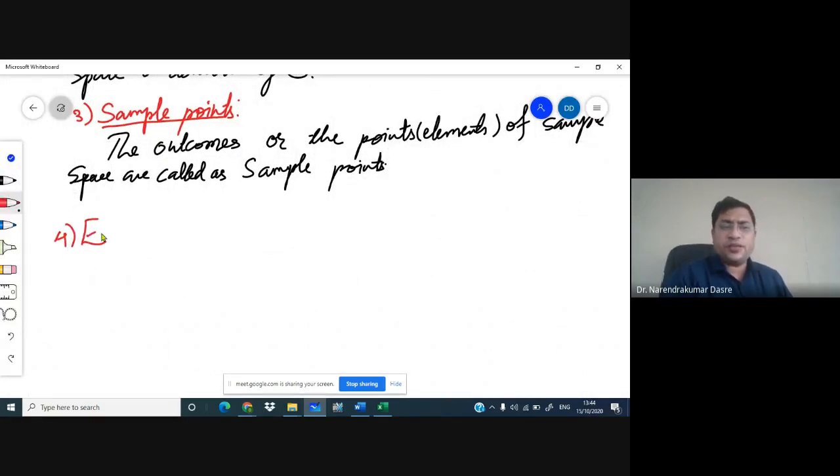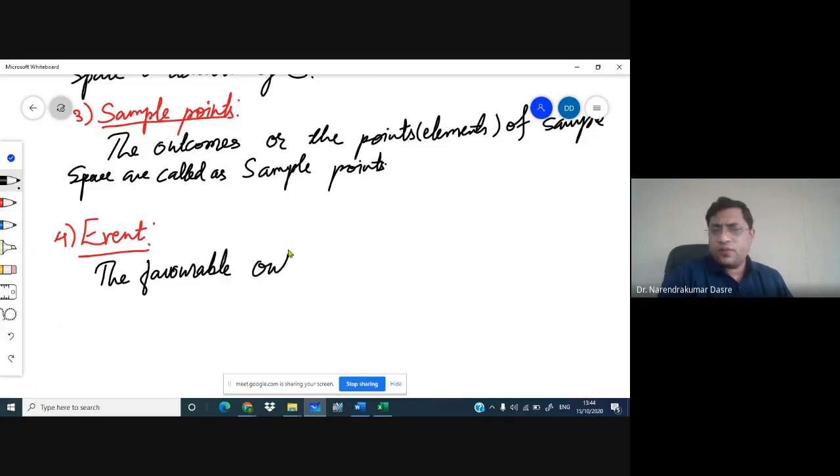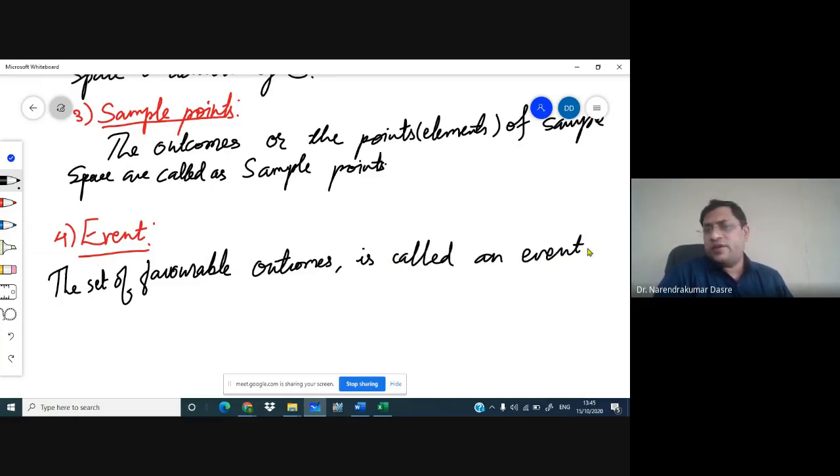Once you have the sample point, then we need to understand what is an event. Among all the outcomes, the set of favorable outcomes is called an event.